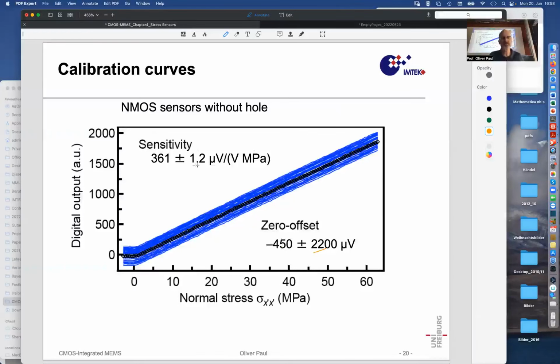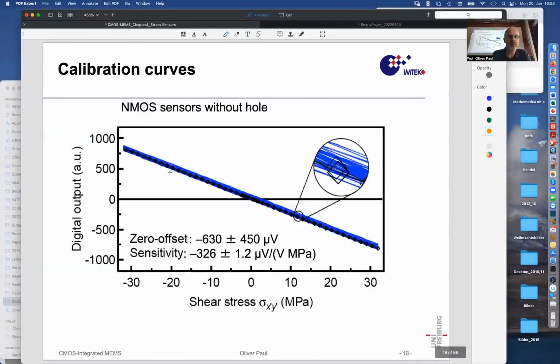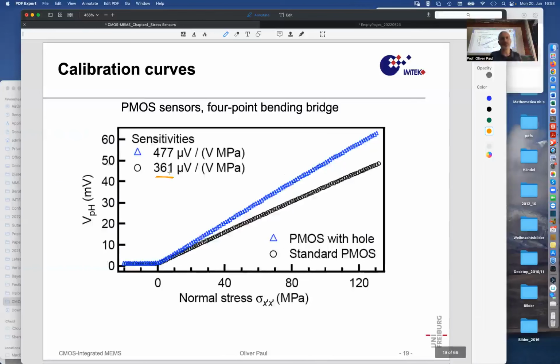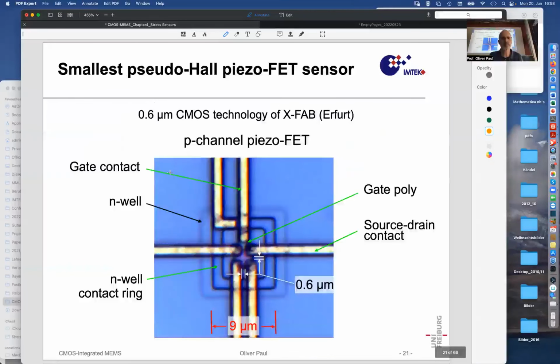But again, the sensitivity is highly constant. And the fact that these numbers are similar is due to the piezoresistive coefficients that somehow add up to something similar.